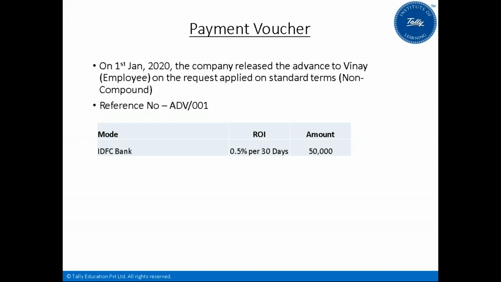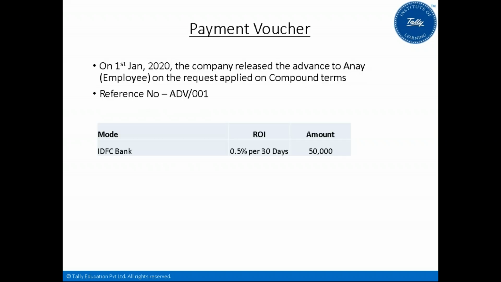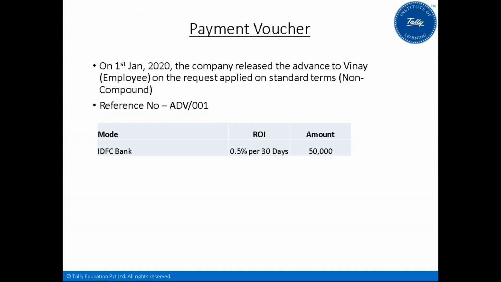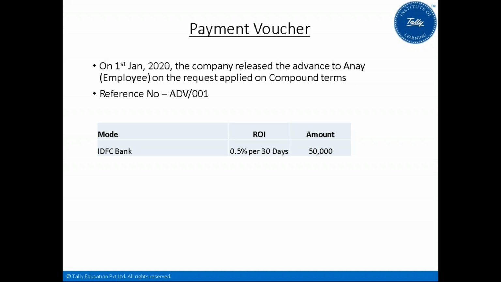The company released the advance to Vinay, an employee, as non-compound interest. The next transaction on the first day is to Anay on the compound term. So there are two entries. One is the advance given to Vinay, an employee, and the next is to Anay.